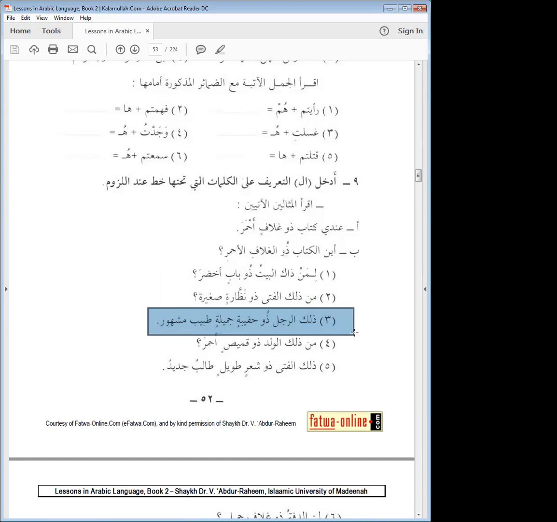dhu haqiba jamila, tabib mashhur. Right. So we need to make the haqiba and jamila definite. Anybody want to try this?